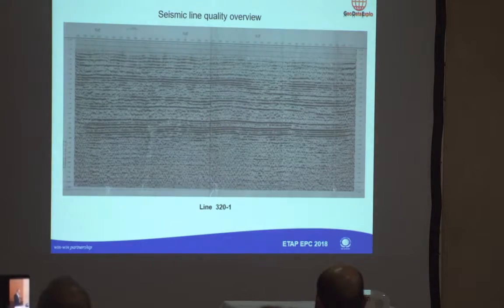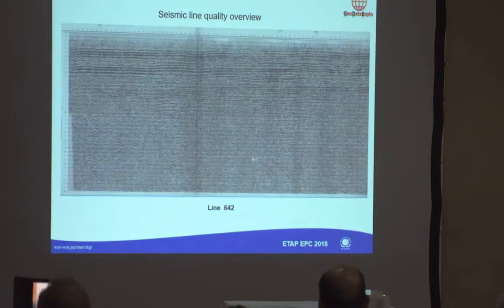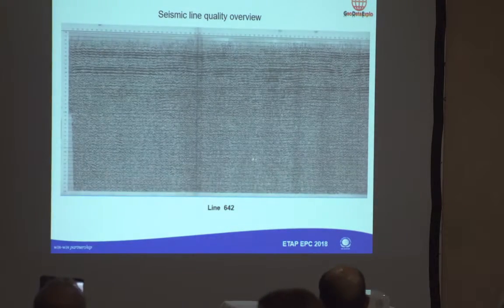As you can see, there is no resolution, maybe some continuities, of course, but we cannot see too much if we are talking about resolution or stratigraphic elements. This line is, in terms of quality, very bad. As we know the target is around 1.5 and 2 seconds, you can see here we have nothing, and I don't think an interpreter can do something with this line.